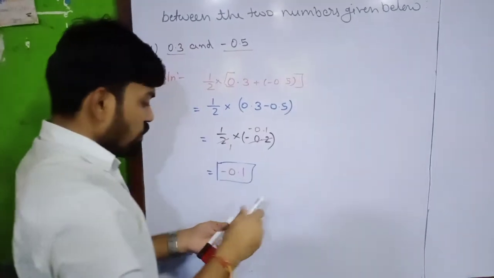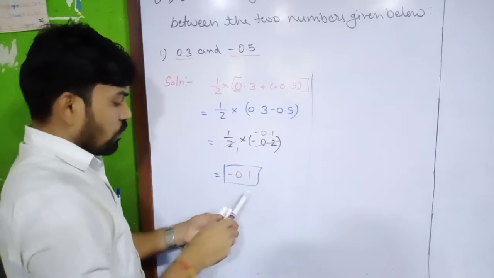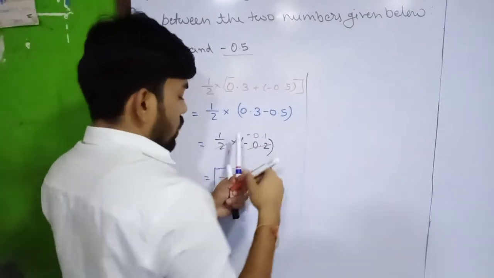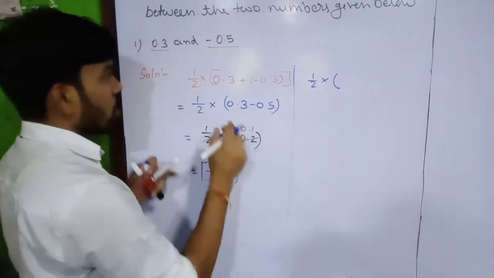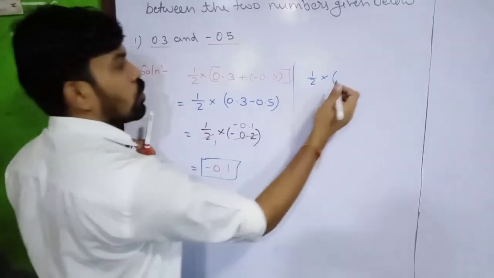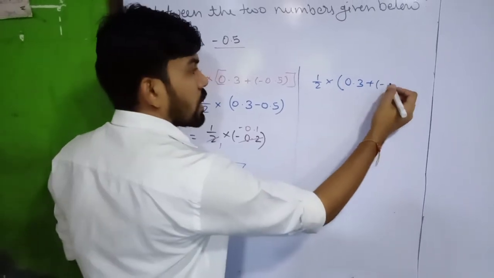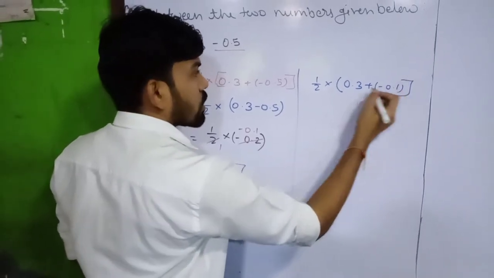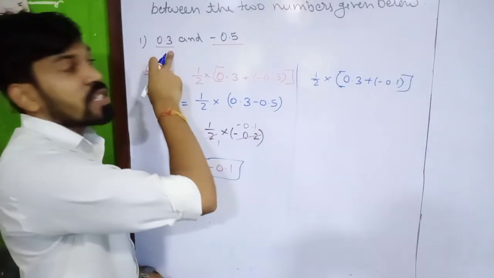Now the same way, we have to again multiply 1/2 with these numbers. First we have the 0.3 plus what we got, minus 0.1. This way, whatever answer we got, we have to add with the first number.